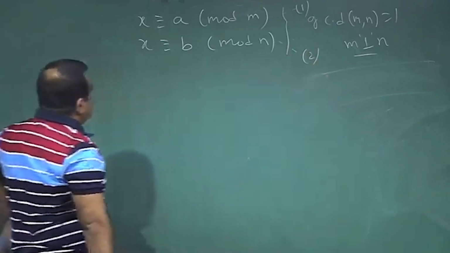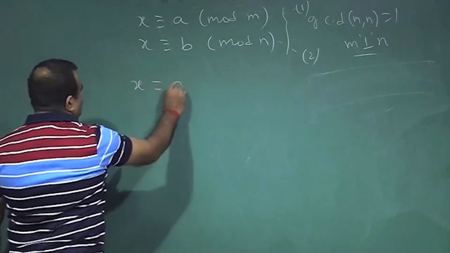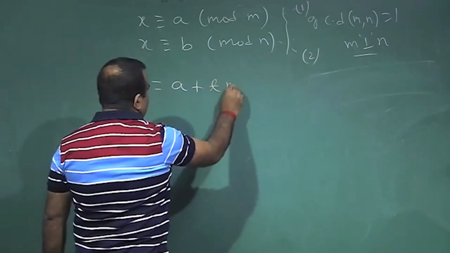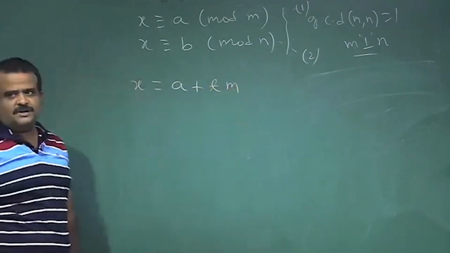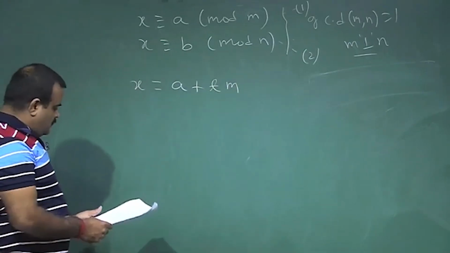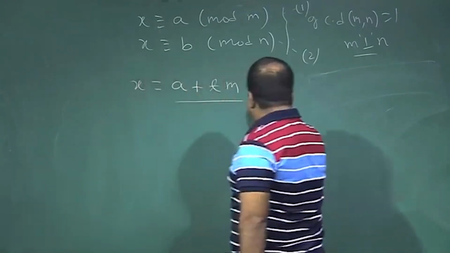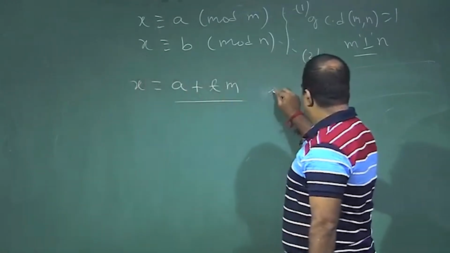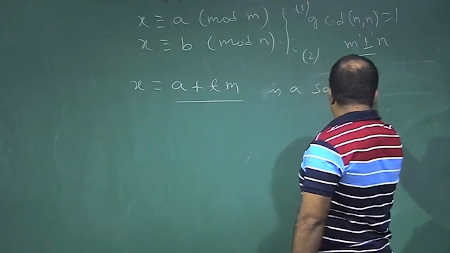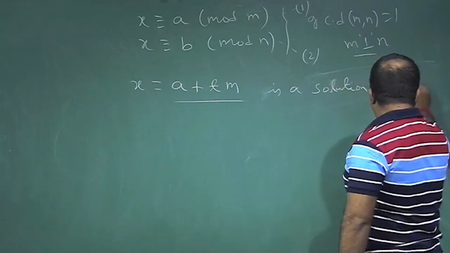Now, the x satisfying equation 1 will be of this form, x equal to a plus some t into m, where t is an integer. Okay, so any x of this form is a solution of equation 1.